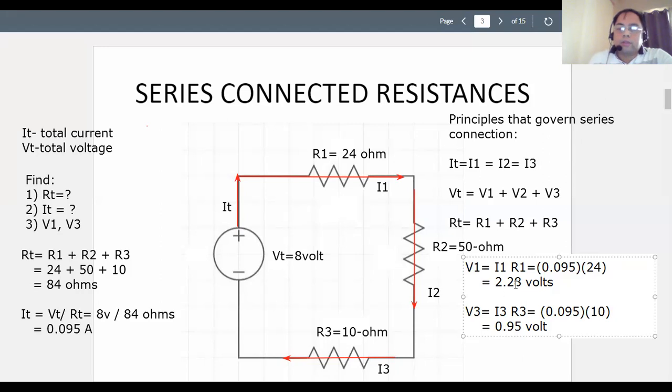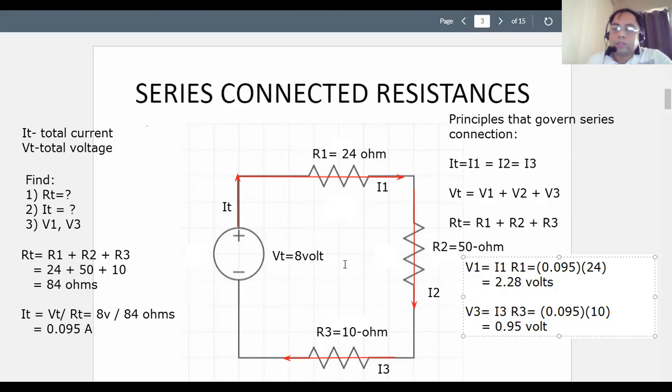Now we notice that there's only V1 and V3 found so far. However, when we determine V sub 2 and add all the values V1, V2, and V3, they should all be equal to 8, the supply voltage of 8 volts. So if we satisfy the second rule in our series connected resistances, then the last voltage V2 is simply 8 volts minus the sum of these two.